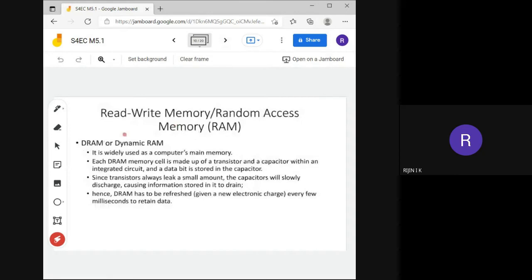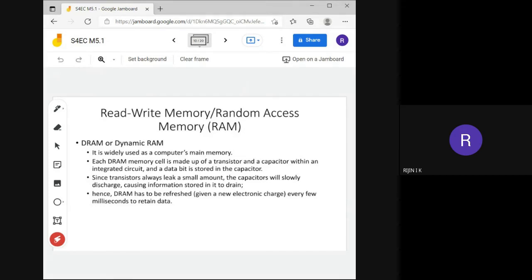First one is DRAM, or we can call it dynamic RAM. DRAM is the most widely used computer main memory.